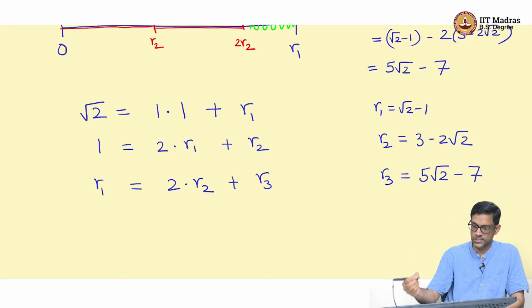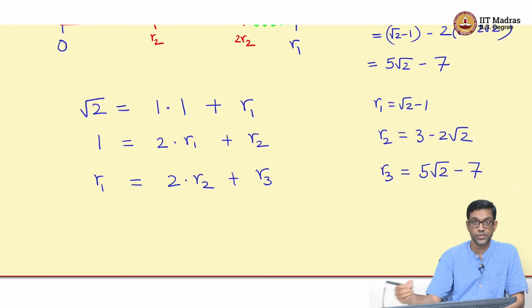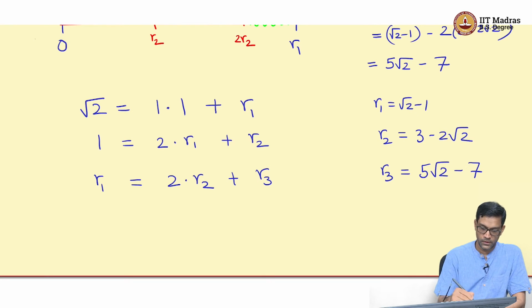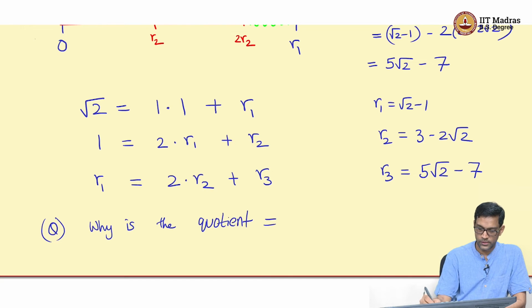So let's first convince ourselves that the quotient at every step is 2. Here's the first question: why is the quotient equal to 2 at each step?